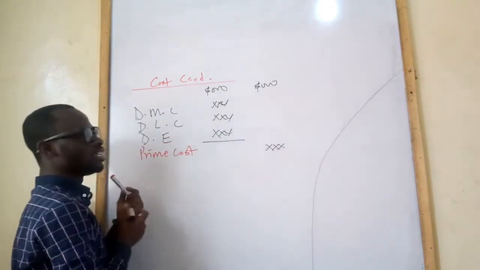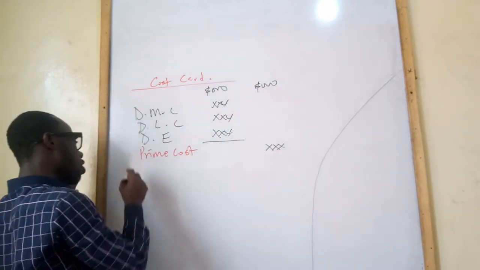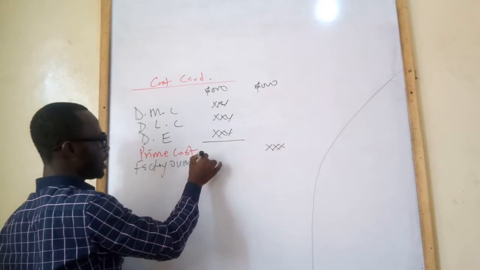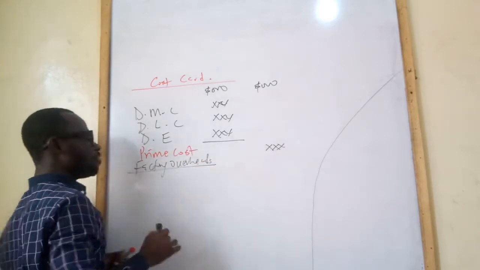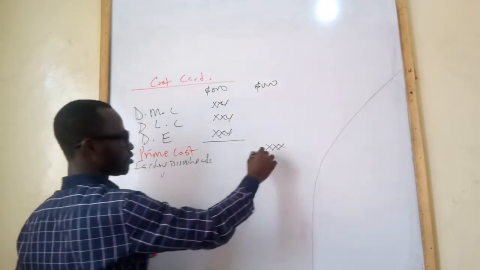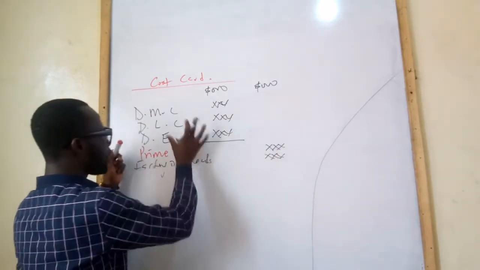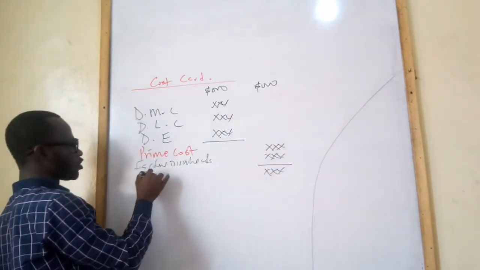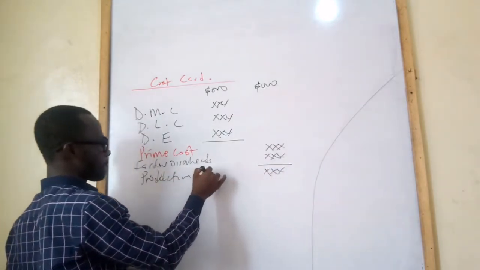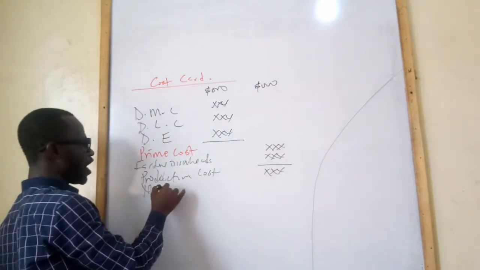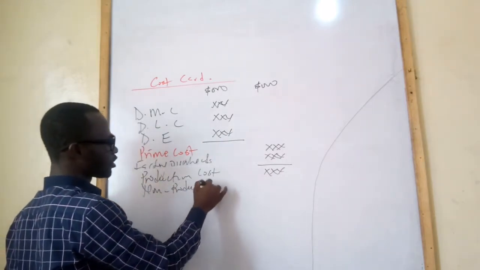Then after getting this, what we bring is what we call factory overheads. Now we will come to that in a moment. Factory overheads will be brought, and when we add factory overhead to the prime cost, we will get production cost. Then we bring non-production overheads.